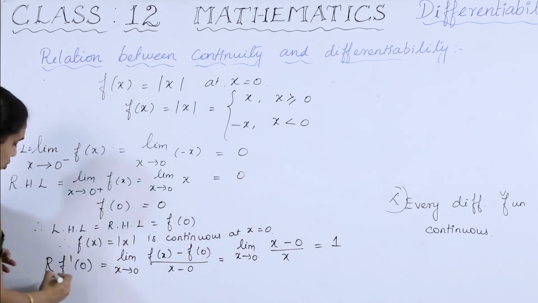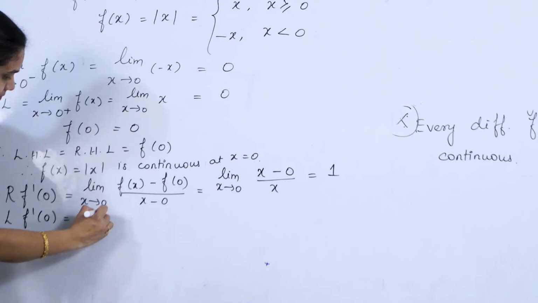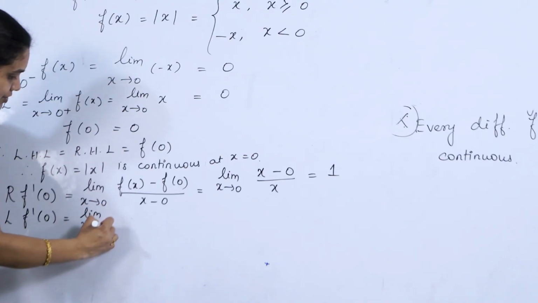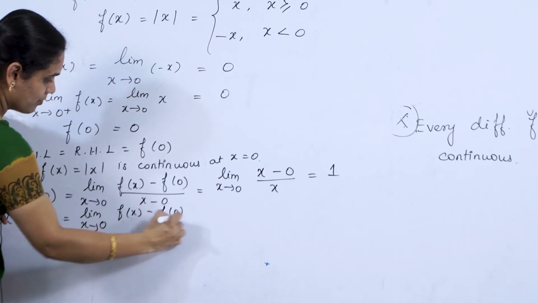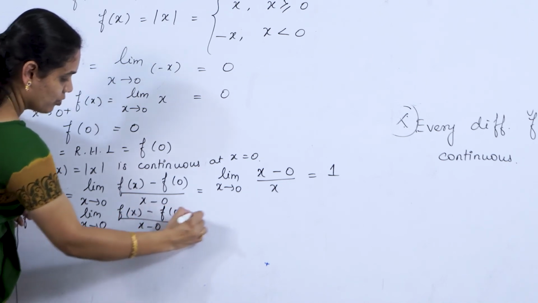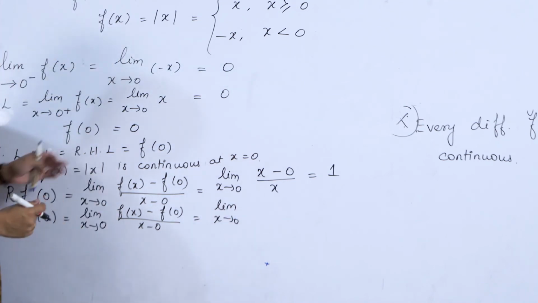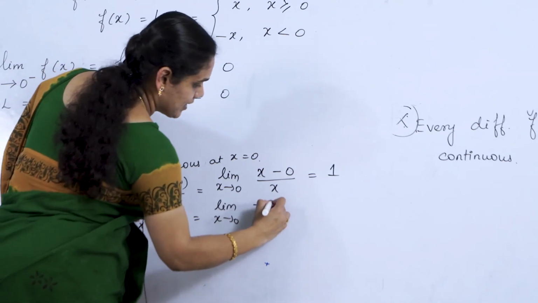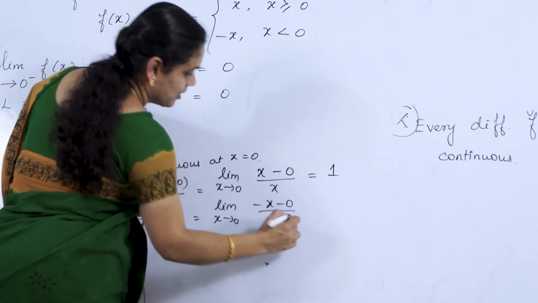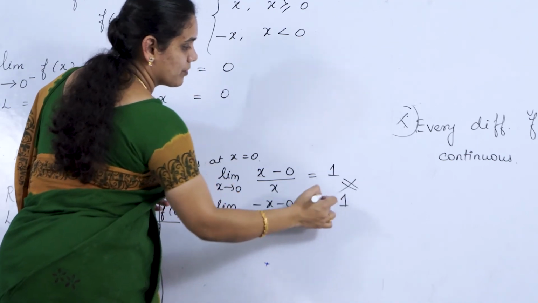Okay, then what about the left hand limit? Limit x tends to 0 of (f(x) minus f(0)) by (x minus 0). Left side of 0 is minus x. Therefore minus x minus 0 by x. So when you cancel this, you get minus 1. See, this is not equal.